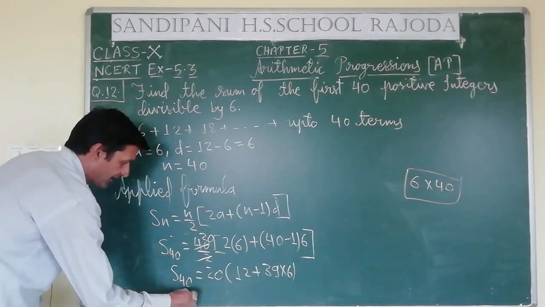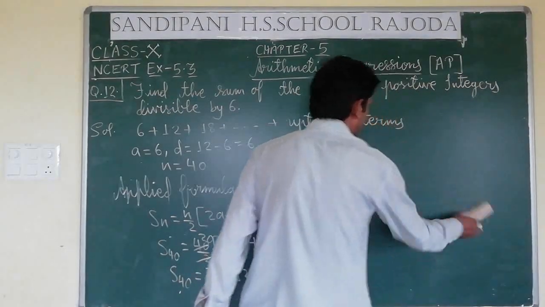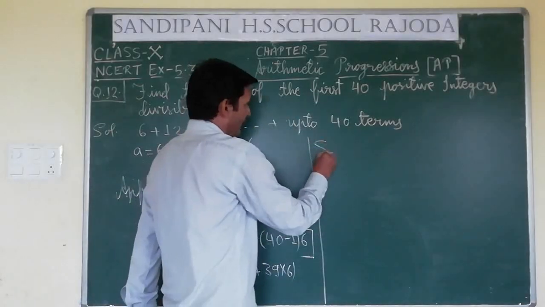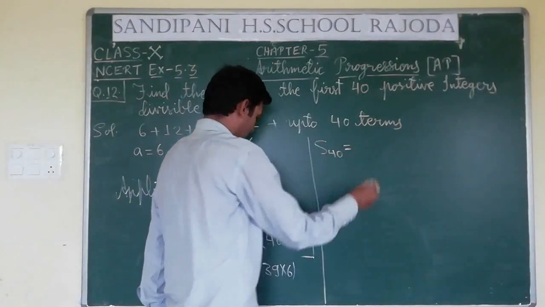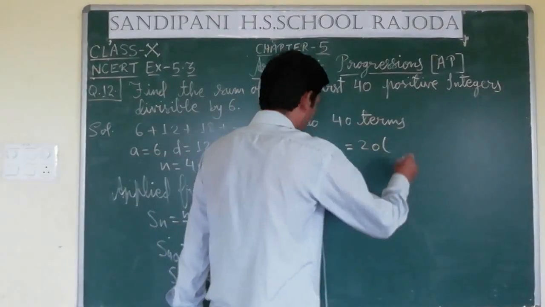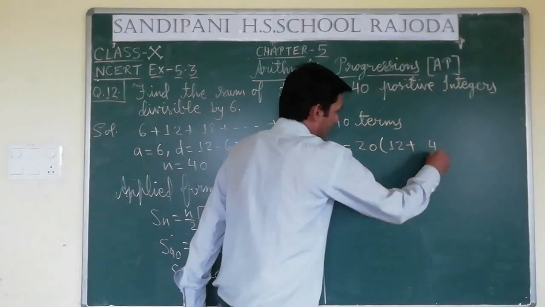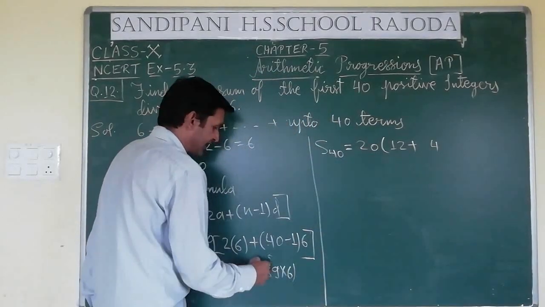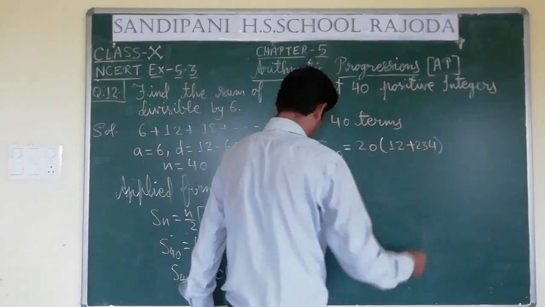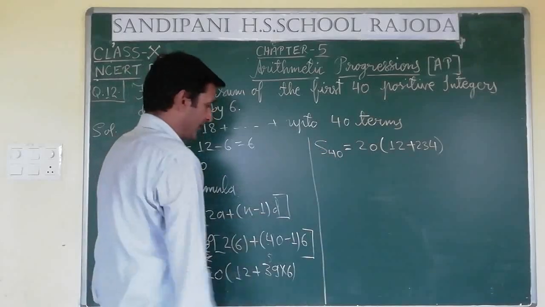So the sum of 40 terms is equal to 20 into the bracket 12 plus 6 nines are 54 and 6 threes are 18, and 5 plus 1 is 234.